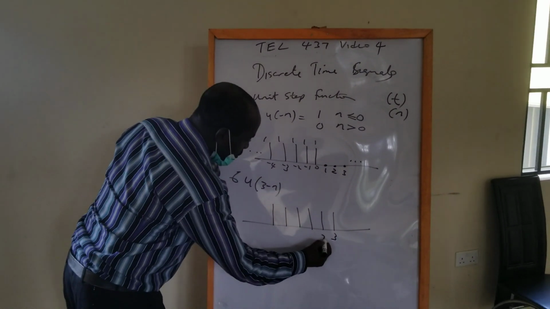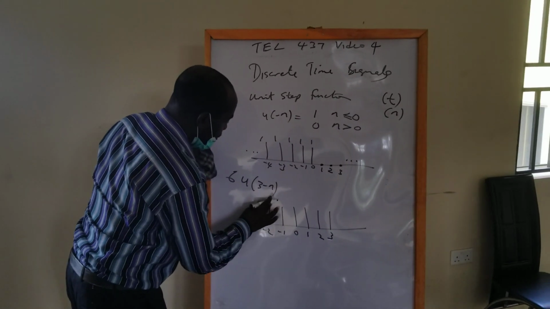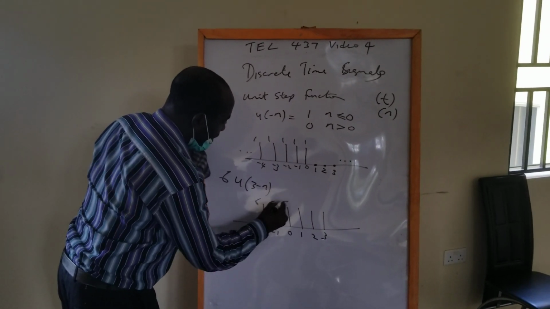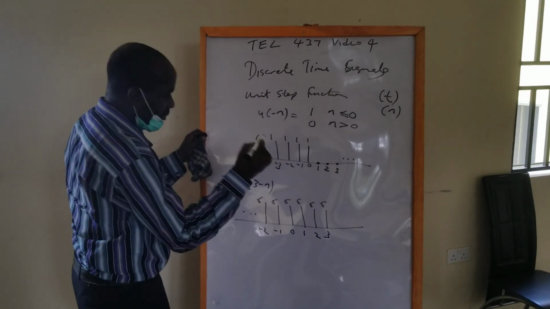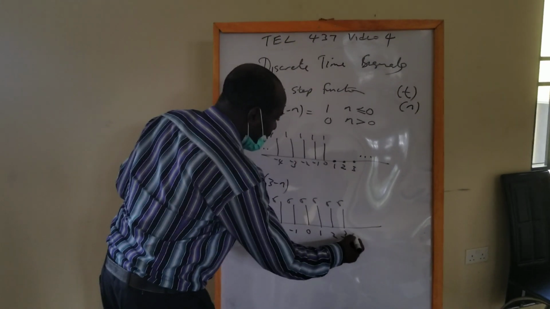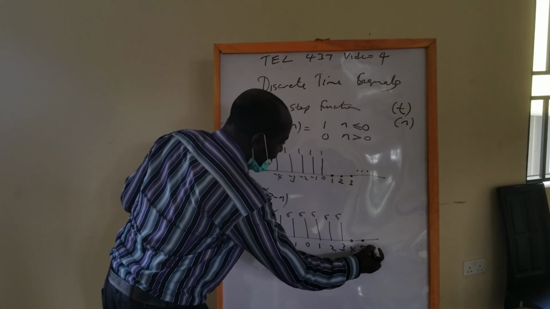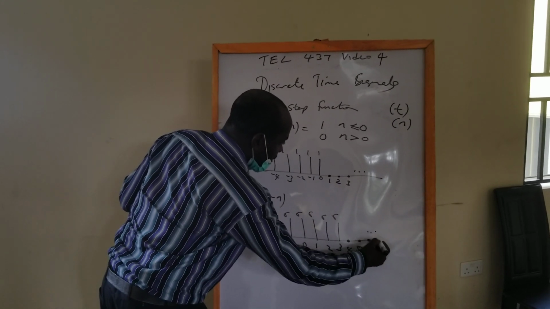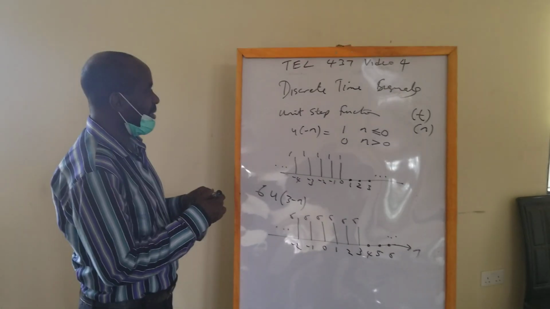So this will be 2, 1, 0, minus 1, minus 2. The height is going to be 6. This will continue that way. Then from 4, this will be 0, 5, that will be 0, 6, that will be 0, dot, dot, dot. And this is n.